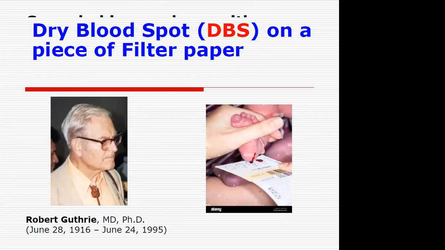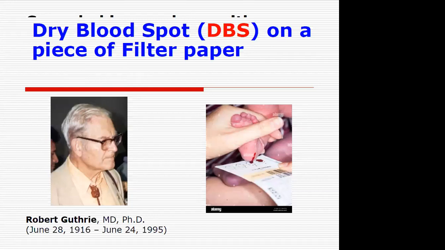As I said, phenylketonuria is a disease in which the baby doesn't have the enzyme to metabolize phenylalanine, and the phenylalanine is going to go up in the blood, and we will have the consequences of mental retardation and so on. So Guthrie invented a test by which phenylketonuria could be diagnosed.